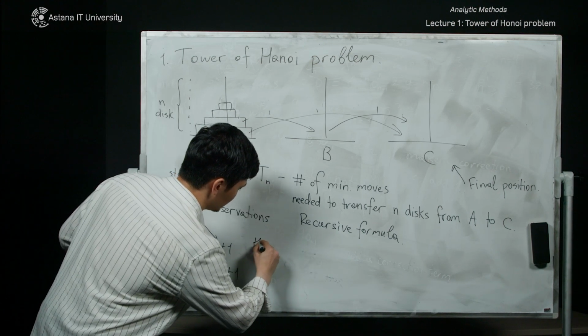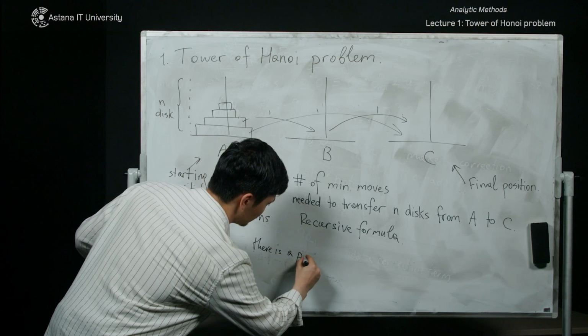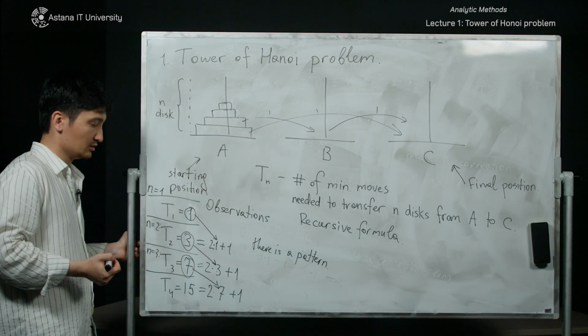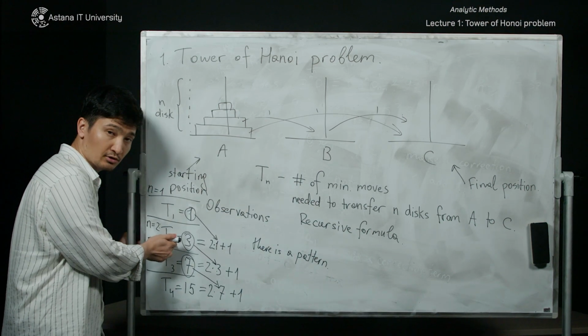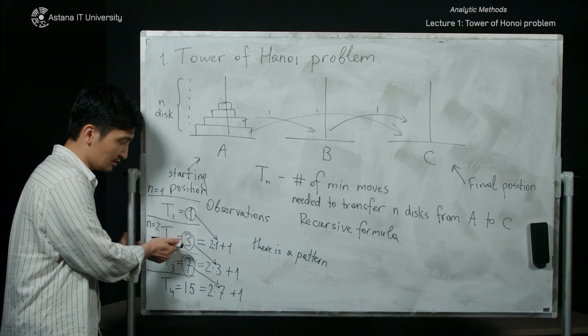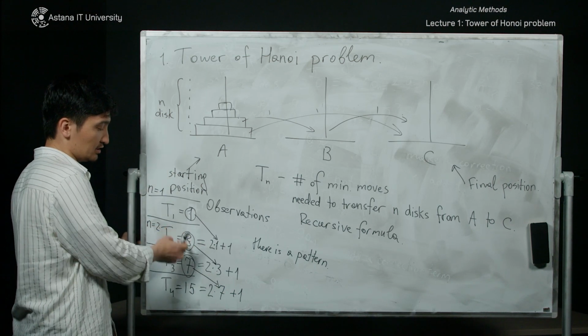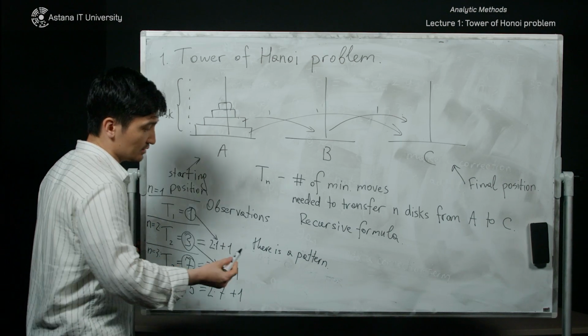So there is a pattern, which is that the current value of t is connected to the previous value in this format: 2 multiplied by the previous value of t plus 1. So I'm going to make a guess.